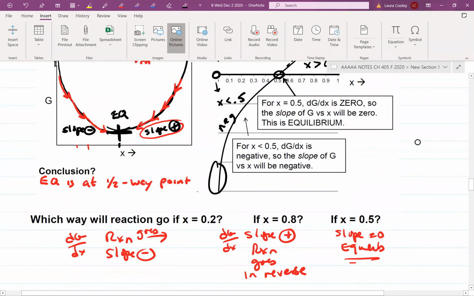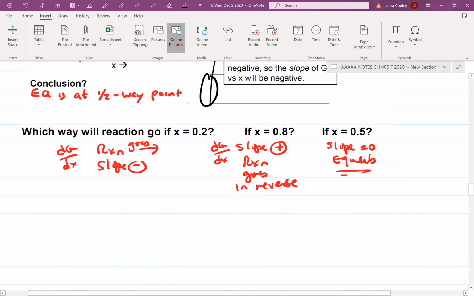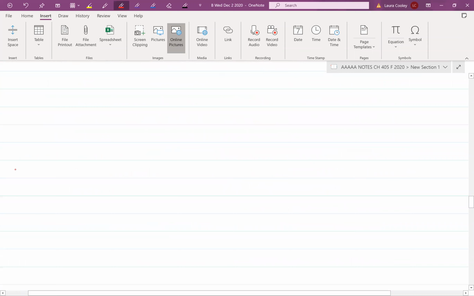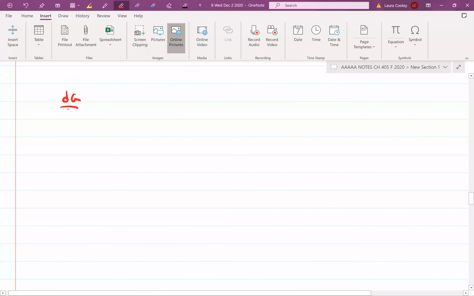Now, that's the easy case. That's the boring case. Now what I get to do is show you what the effect of having a positive or a negative delta G0 is on this situation. So remember, we have dG/dx is delta G0 plus RT times the log of PB minus the log of 1 minus PB.